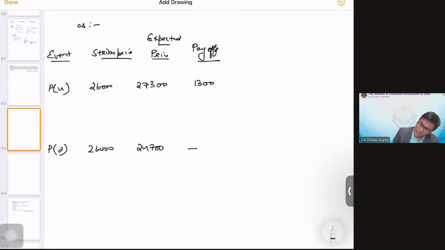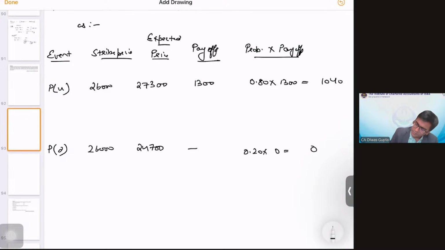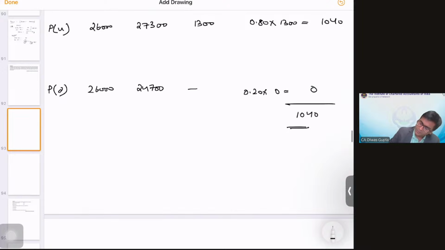Here it is null. Probability into payoffs. 80% into 1,300 is 1040. 20% into 0 is equal to 0. 1040. Correct? So this is the expected value.